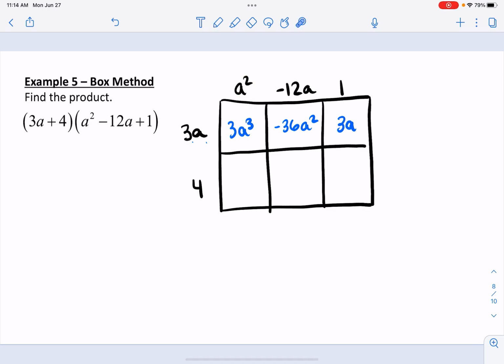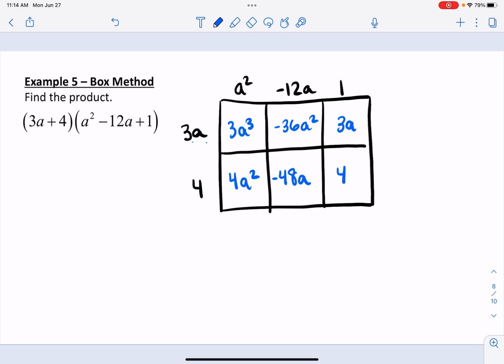Then I do a squared times 4, well that's going to be a 4a squared. Then I do 4 times negative 12. That is a negative 48a. Then I do 4 times 1. That turns into a 4.